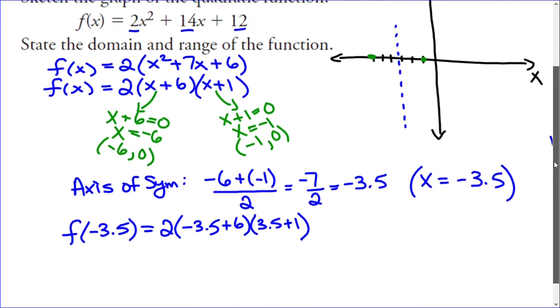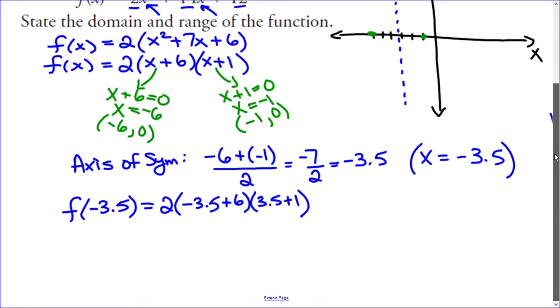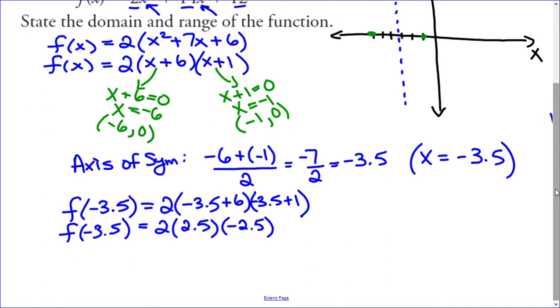I could have plugged negative 3.5 into these ones, and they would also give me the same answer. So f at negative 3.5 is 2, and then negative 3.5 plus 6 is 2.5, and negative 3.5 plus 1 is negative 2.5. And then when I multiply all these out together, I'm getting negative 12.5 as my low value.